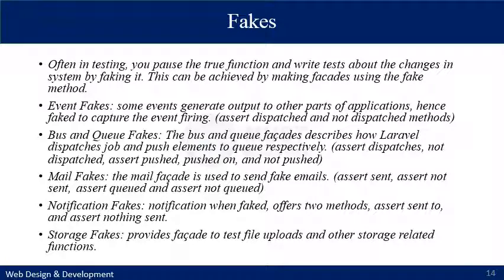Some of the common ones are discussed here. Event fake is a common example. Some events generate output to other parts of the application, hence they are faked to capture the event's firing. Similarly, bus and queue fakes are used. The bus and queue fakes show how Laravel dispatches jobs and pushes elements to the queue respectively.